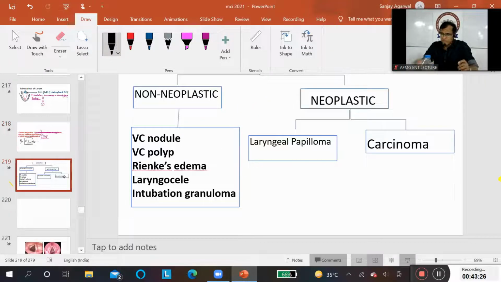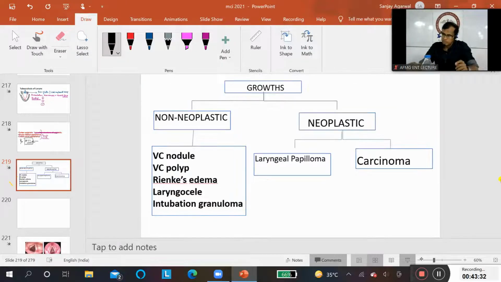And now we come to a very important topic of the larynx, the growths. Growths of larynx.